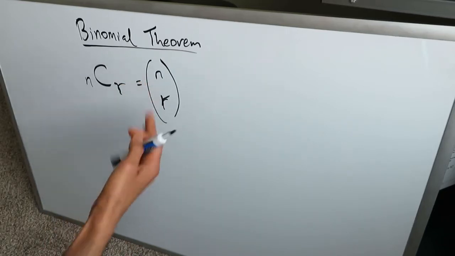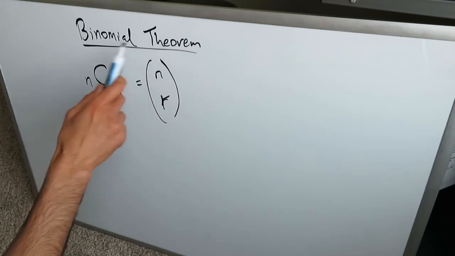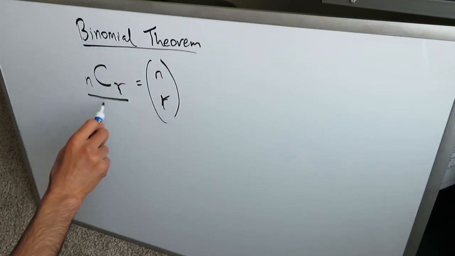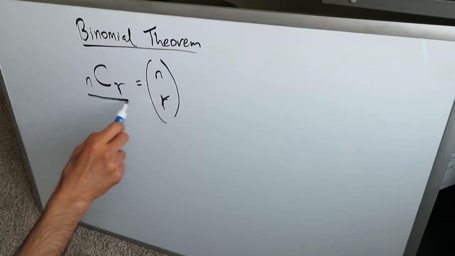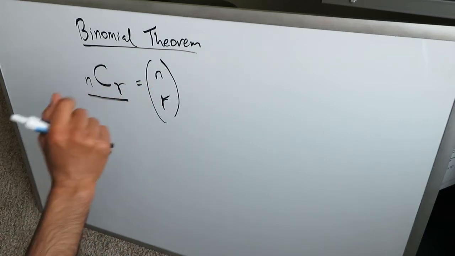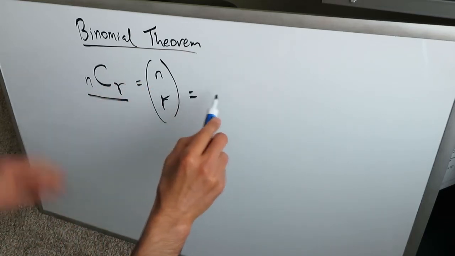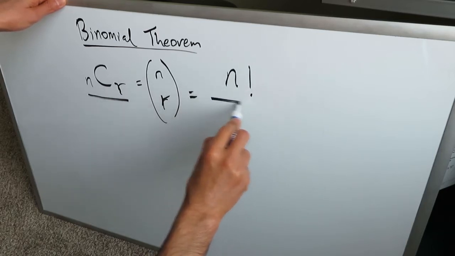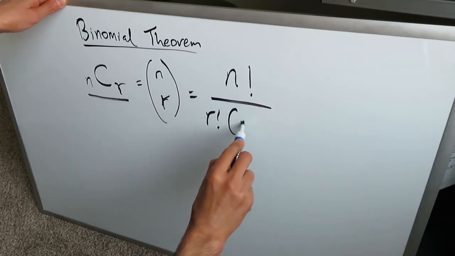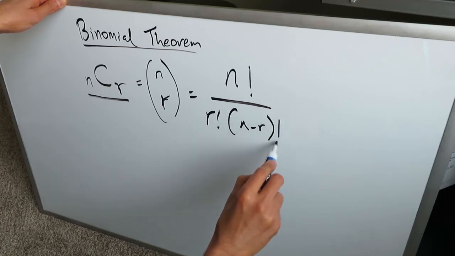N over r. Anytime you're doing binomial theorem, you're going to be thinking about this, and you may have seen this in terms of combinations and permutations when you've done probability and statistics. But with regards to binomial theorem, this implies this right here: n factorial over r factorial times n minus r factorial.